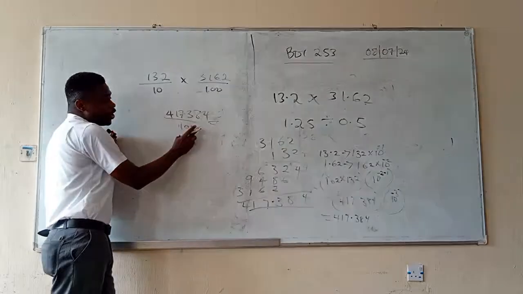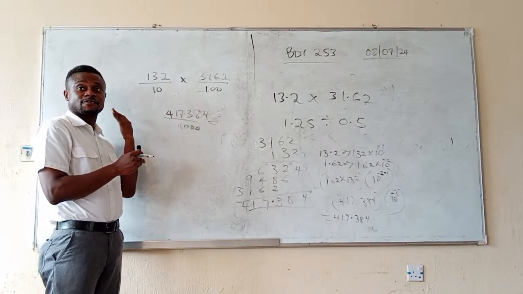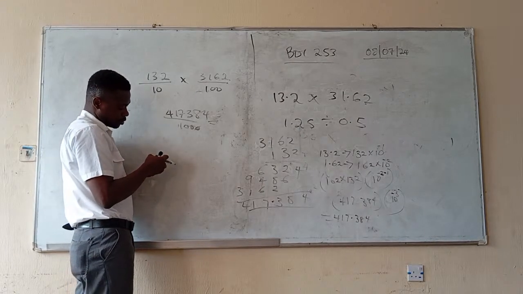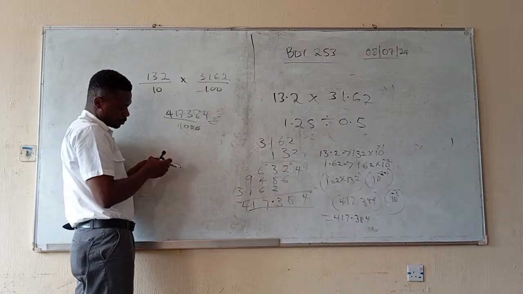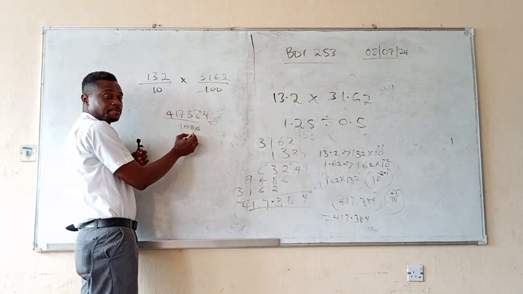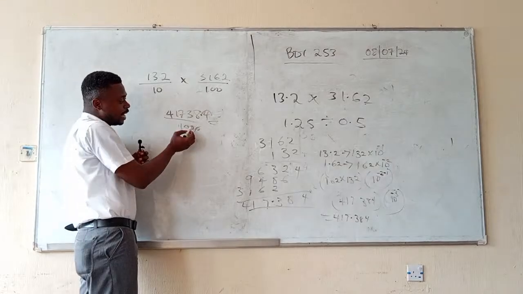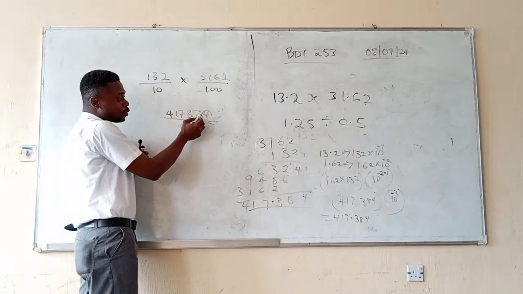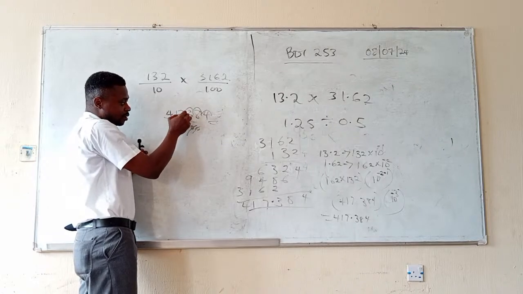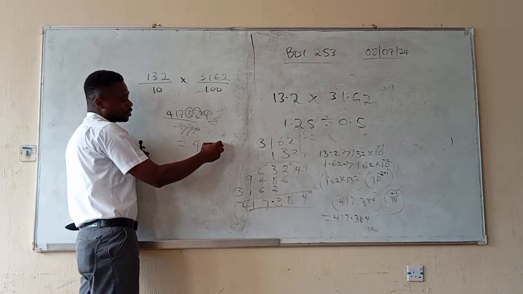So now, if a 0 disappears from here, the decimal moves to the left. If another 0 disappears, it moves again. When the last 0 disappears, it moves again, and they are not here anymore. This becomes 417.384.